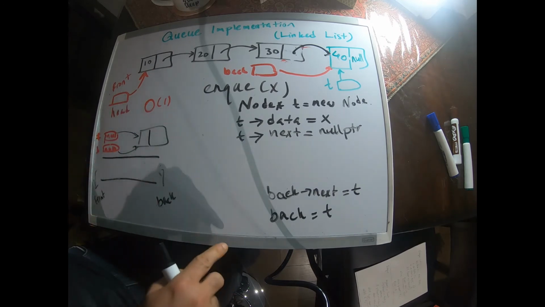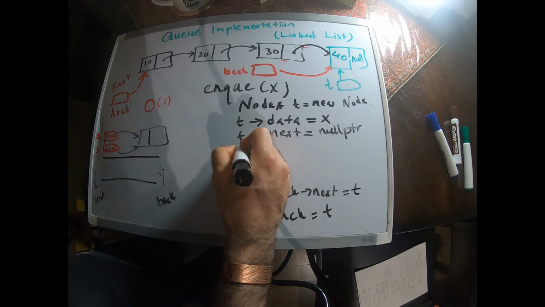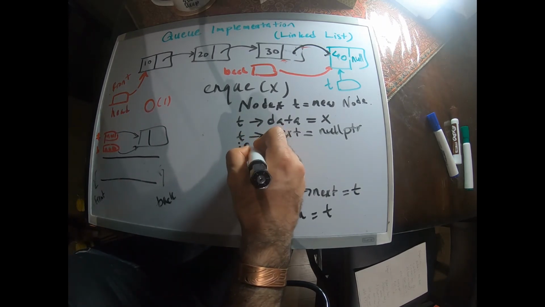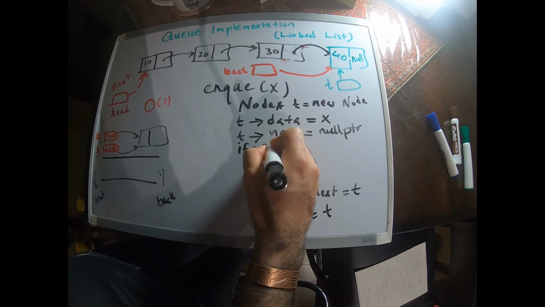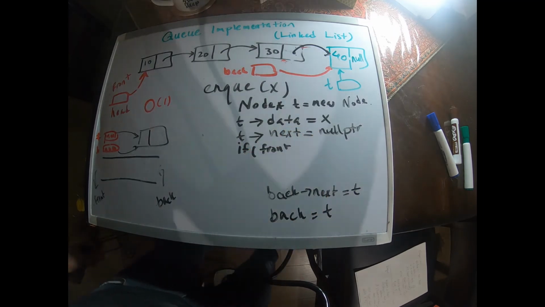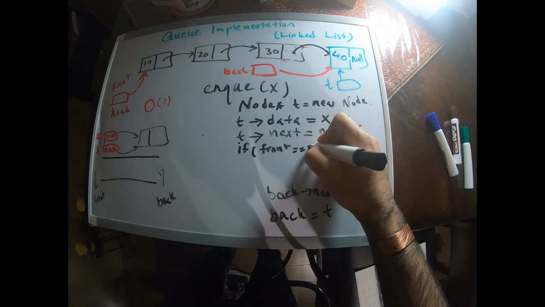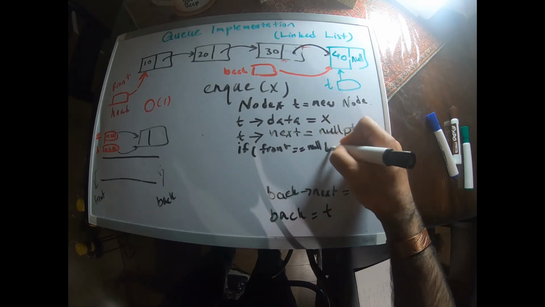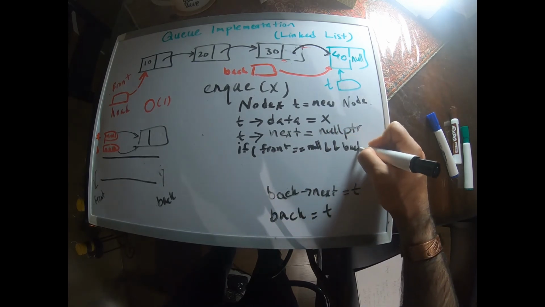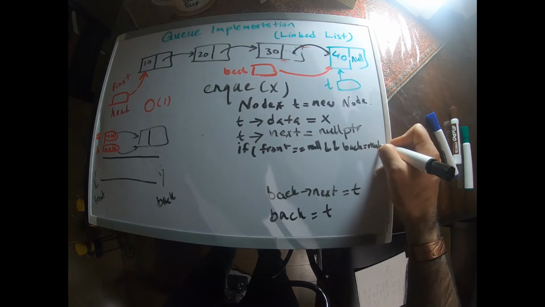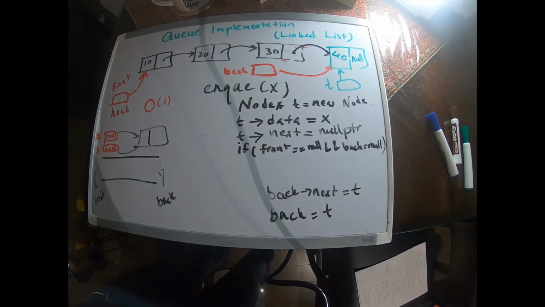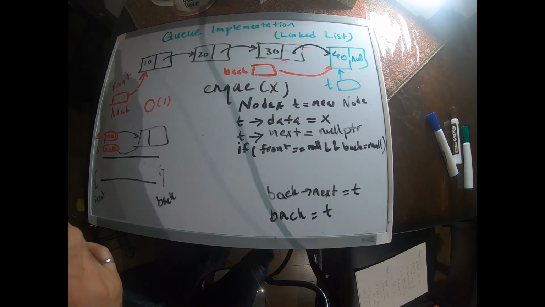Okay, so this code is not complete. I have to do a check. If front is equal to null pointer and back is equal to null.